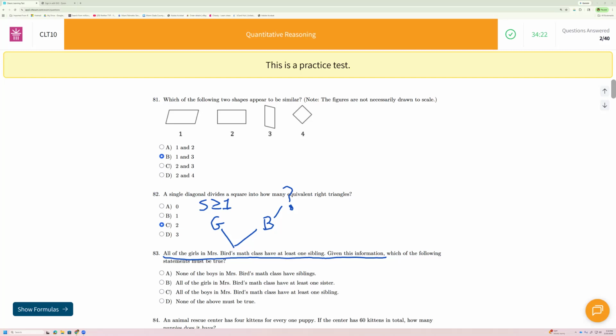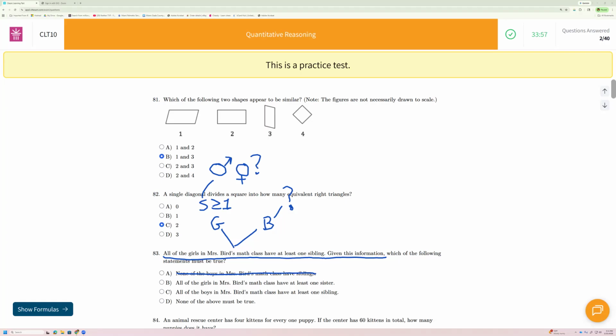So, A, none of the boys in Mrs. Bird's math class have siblings. We don't know. All of the girls, by the way, we don't know if these are brothers or sisters, so we don't know if they're male or female. So I'm going to do that for male, I'm going to do that for female, but we don't know, really.